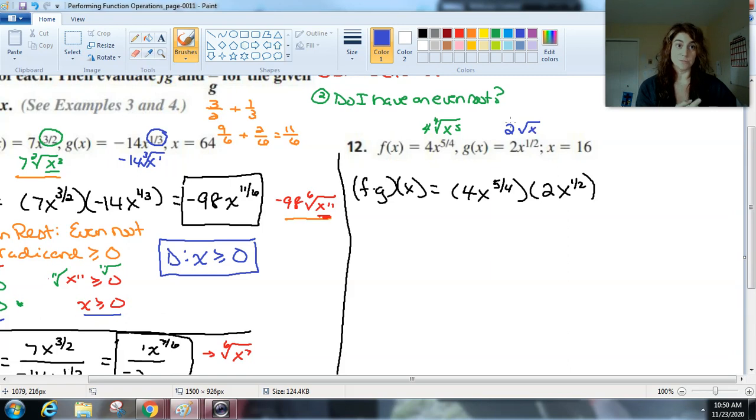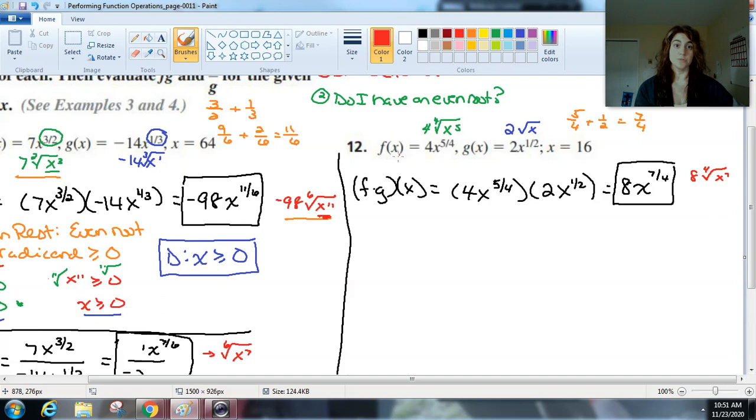So I actually have 2 even roots here. When I multiply those out, I'm going to get 8x. Again, I need to add those exponents together. So 5/4 plus 1/2, which is 2/4, is 7/4. And that will be my multiplication. Keep in mind, this is actually the 4th root of x to the 7th.